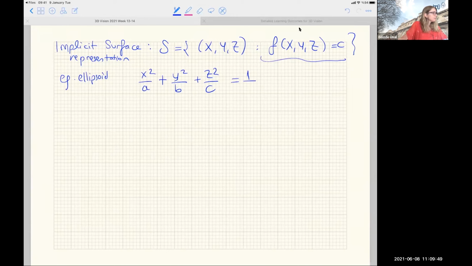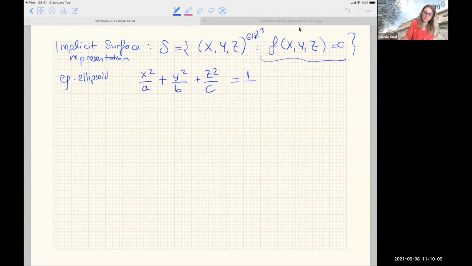I think this is something you are used to from before, right? So I want to recall for you how I can come up with the S(u, v) for this one. This is in R3, by the way.